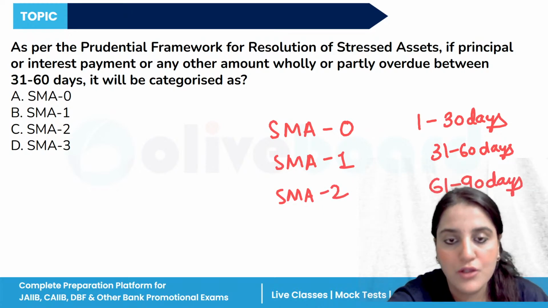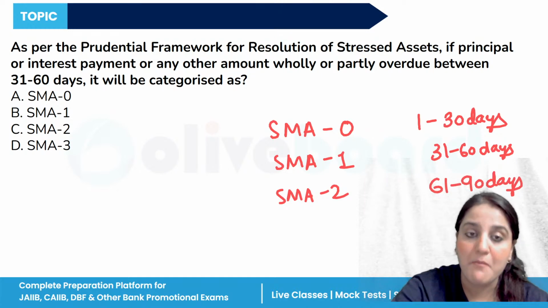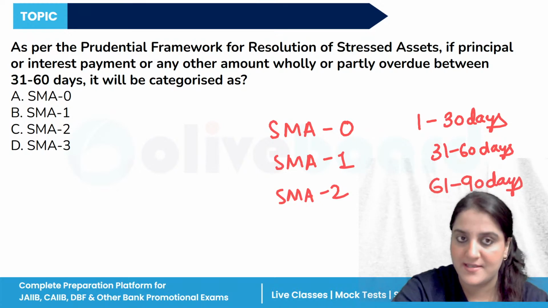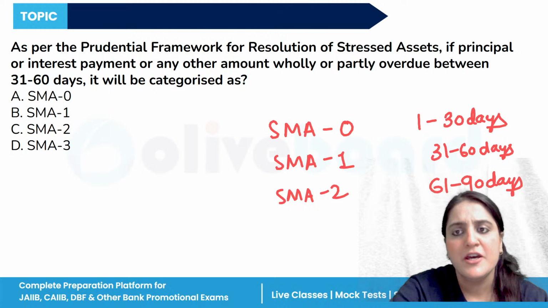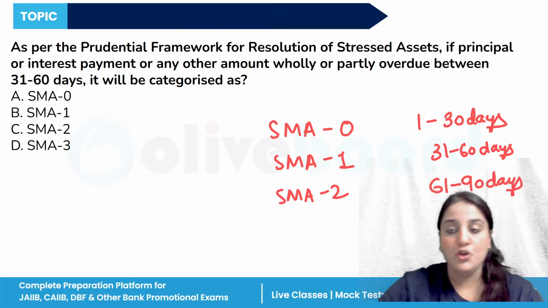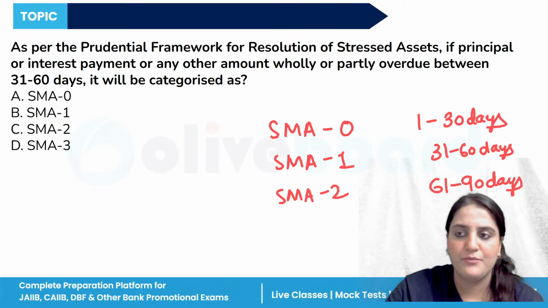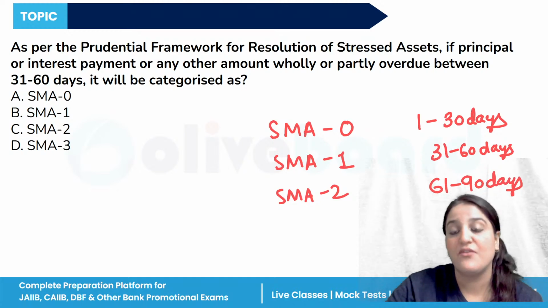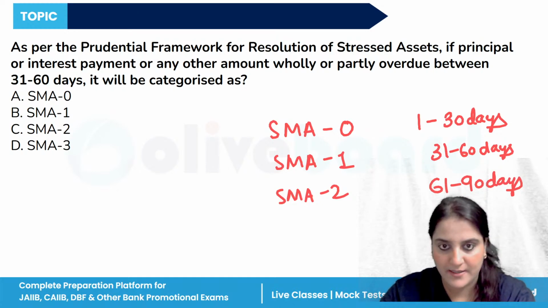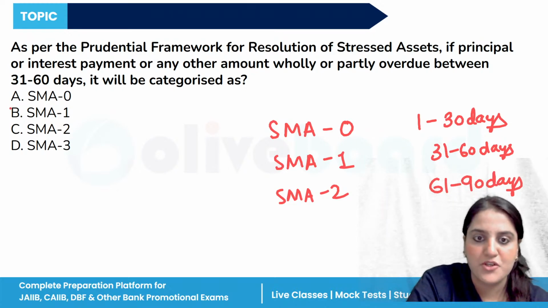In order to reduce NPAs, RBI has come out with a prudential framework for resolution of stressed assets, providing early recognition, reporting and time-bound resolution of stressed assets. Loan accounts that show signs of default are to be classified immediately as special mention accounts, and these are the categories. So the answer is 31 to 60 days, that means option B is correct here.